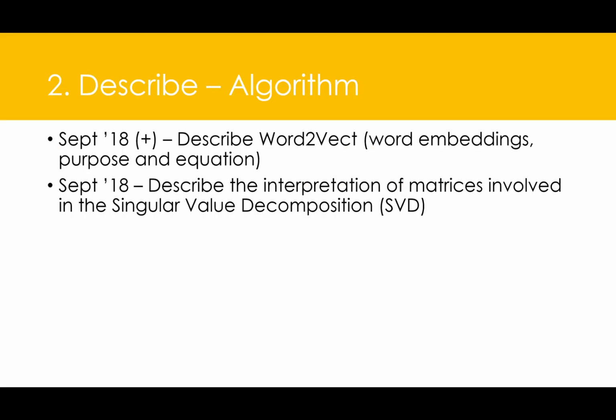Let's go on. We also have questions about the general description of algorithms. In one case, there was word2vec. In another case, singular value decomposition. You can find both in the text pack of slides. Maybe singular value decomposition is in one of the last packs, done by Loiacono as well.